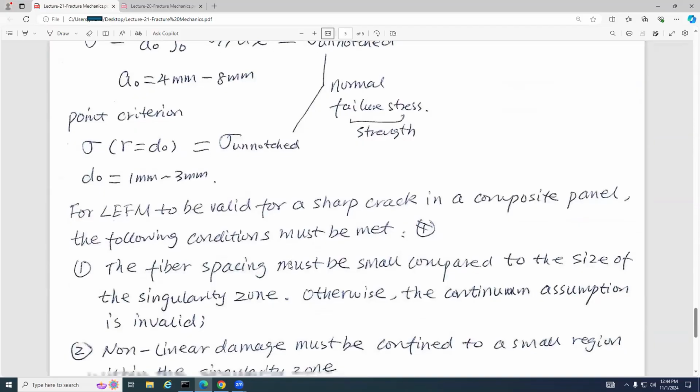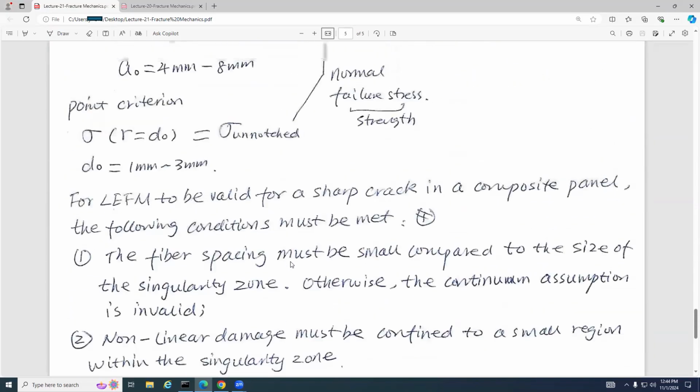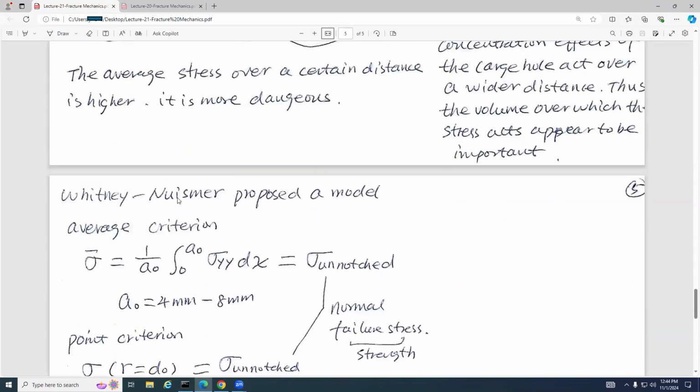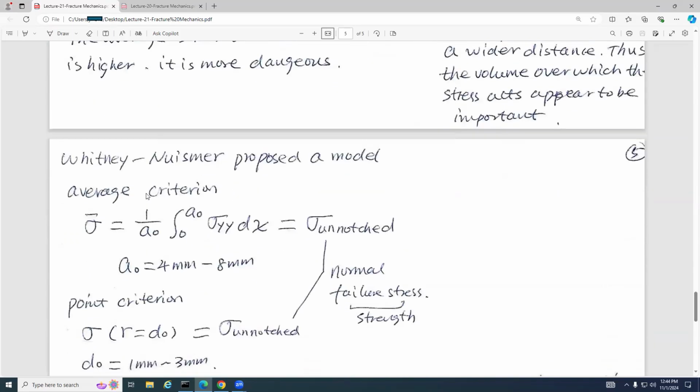So this is the model, and there are some observations. Whitney and Nuismer proposed the model with this average criterion. If sigma bar equals the unnotched sigma, then we say it fails.